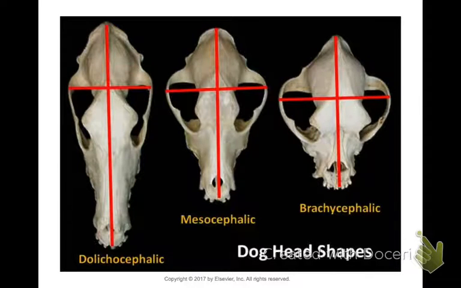Here are the skulls of those dogs and how you might compare them. As far as the length of the nose is really what is different. So very long nasal passages or cavities in the dolichocephalic, very short in the brachycephalic.